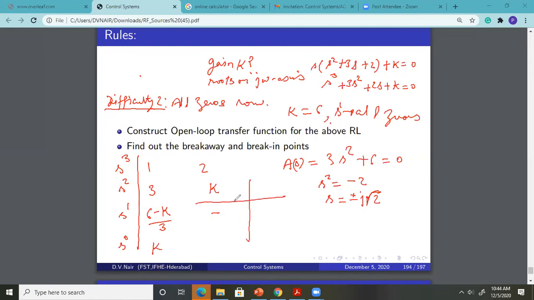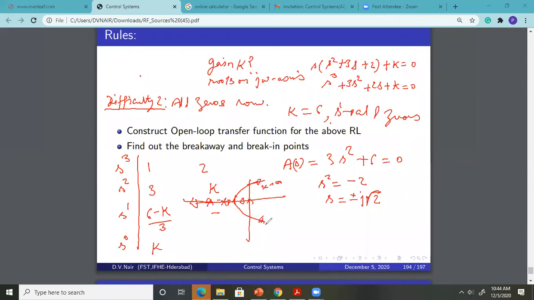When this was your root locus, it was moving like this, and another branch was moving like this. One branch was going there, right? Somewhere here you had, right? So this branch was here, this branch was here, that branch is going to infinity.